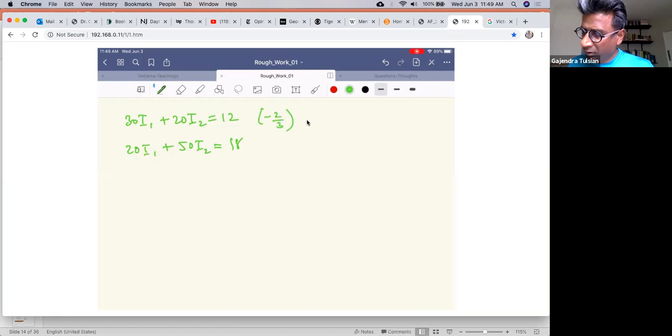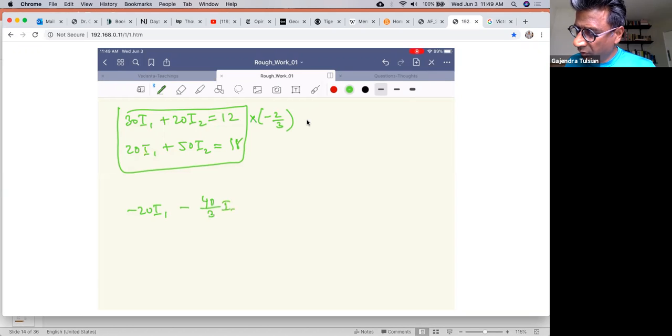Okay. So this equation becomes minus 20 I1 minus 40 by 3 I2 equal to minus 8. Okay.